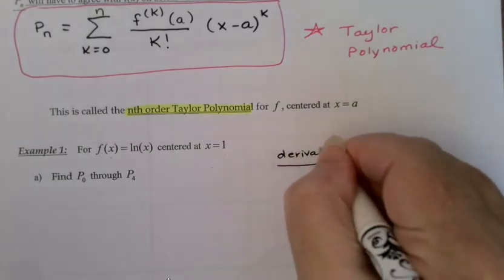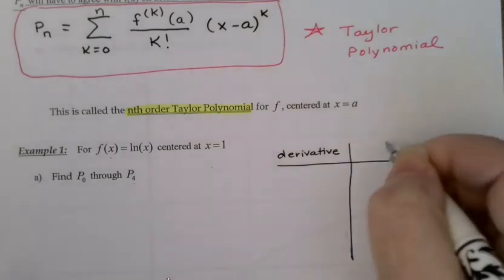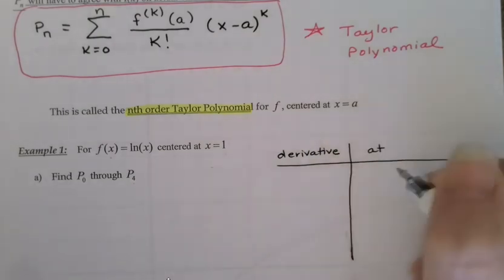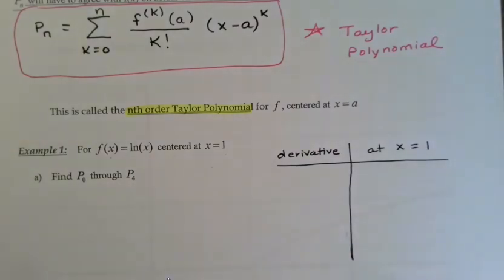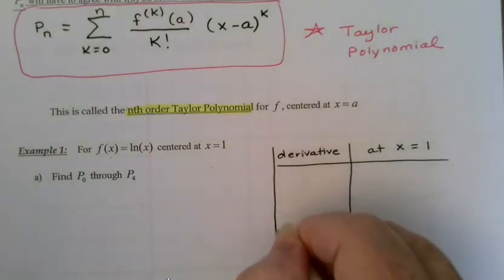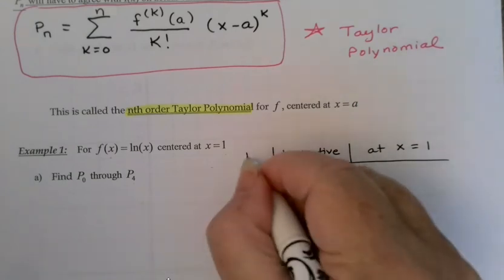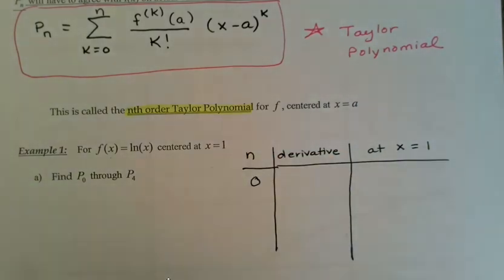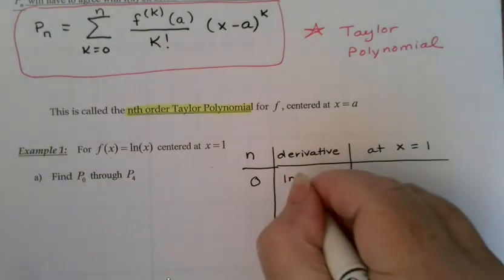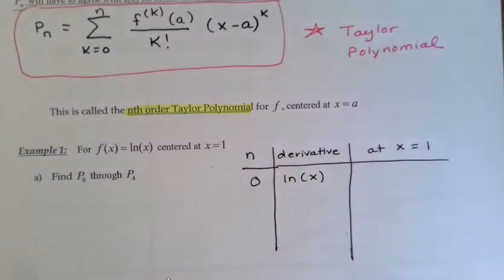We'll find each derivative, and then we'll evaluate it at our x value, which is x equal 1. I'm going to put n here. So the 0th derivative is the function itself, ln x.